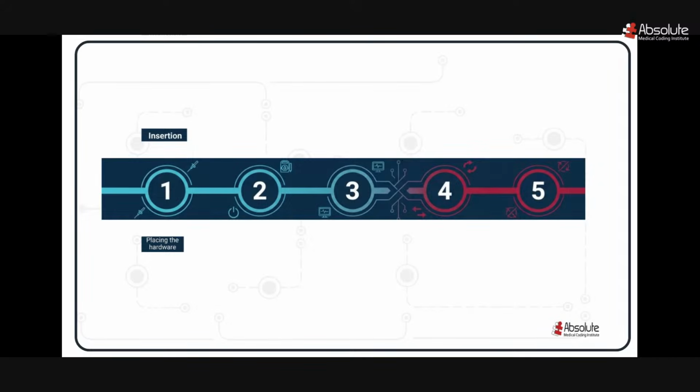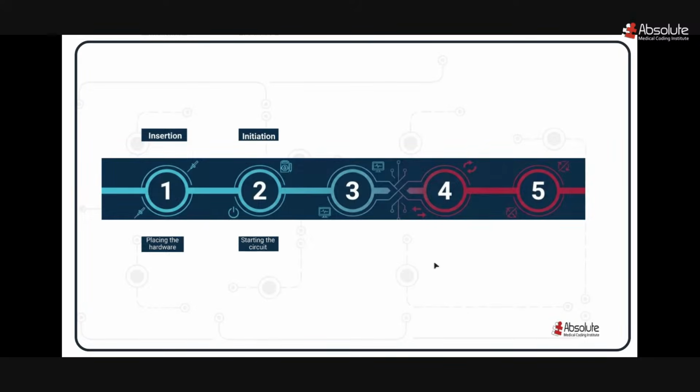Here the vascular access is obtained and ECMO cannulas are inserted into the patient. So you saw in the previous diagram, the cannulas are inserted into the veins and artery, right? That process happens in the first stage, the insertion stage.